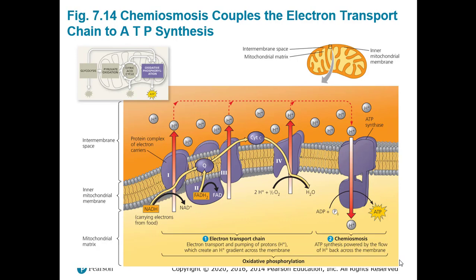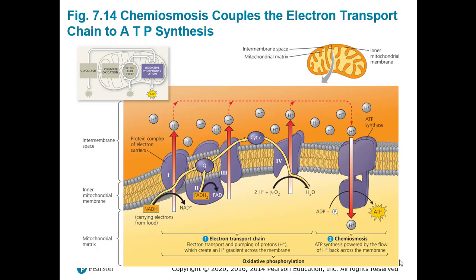I just want you to know, basically, the electron transport chain is going to transport the electrons using NADH and FADH2 through a series of these protein carriers. Notice every time something gets reduced, a hydrogen gets shot across one of these protein carriers, except number 2.